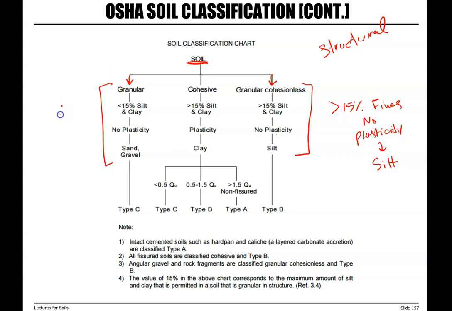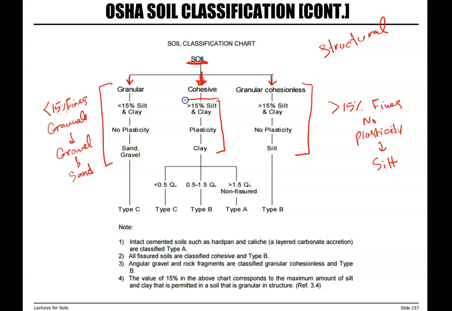Here we have less than 15% fines, so it's a granular soil, and it's basically sand and gravel. The third option is when we have more than 15% fines with plasticity.